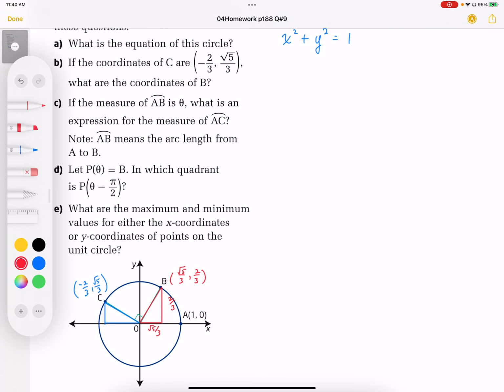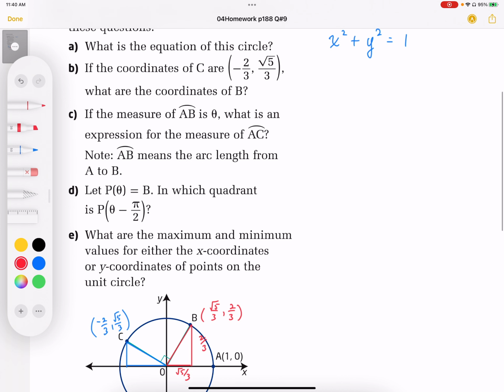Now, I just want to show you something on the side here that is very useful if you've never seen this before. The 90-degree rotations. If I have a point here, I'm just going to arbitrarily put a point here, that's going to be A in the x direction, B in the y direction.